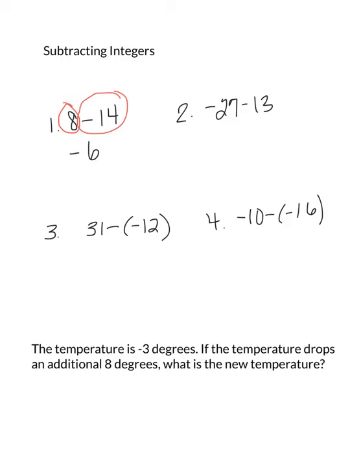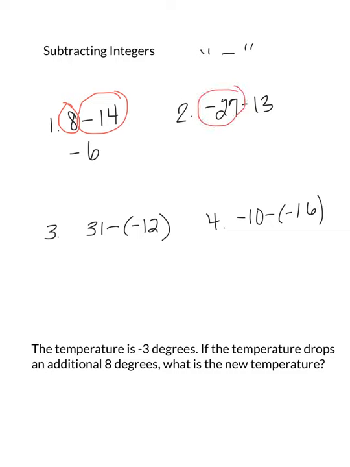So in number 2, again, we're not looking at it as subtraction, because this symbol right here can mean either subtraction or negative or the opposite. So we're going to look at them as terms and putting terms together. In number 2, the first term I see is negative 27.